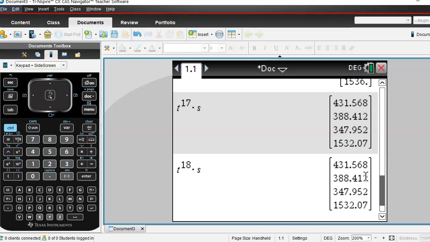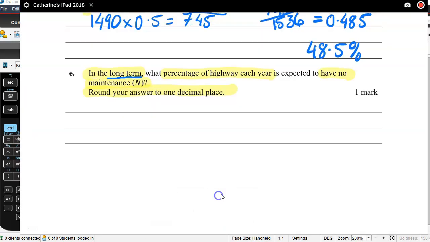Okay, so let's go back to our question. In the long term, what percentage of highway each year is expected to have no maintenance?